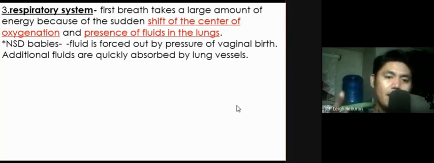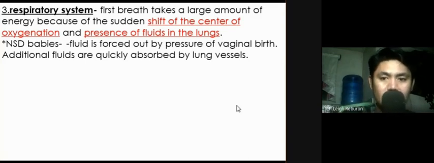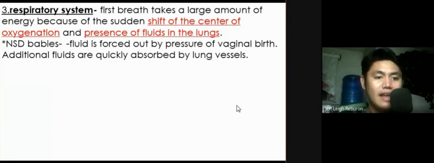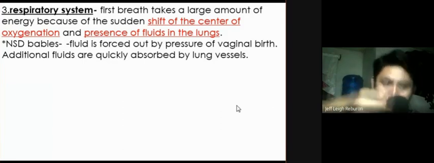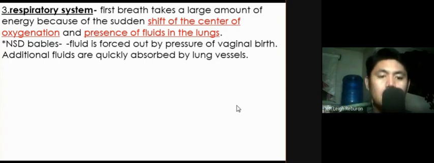So what will happen? If the newborn is passing through the vagina, merong pressure po na nagaganap. Parang iniipit po ng vaginal walls yung chest ng bata. At dahil po sa pressure na yon, anong nangyayari? The fluids are being expelled. Kasi mapespes deji chest deji ubing because of the vaginal delivery.